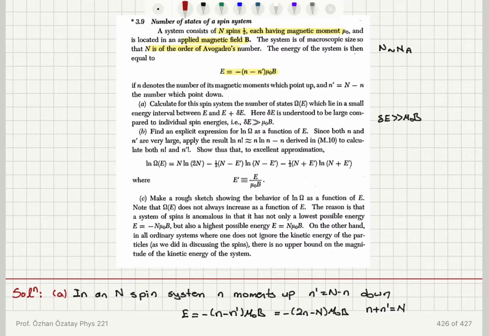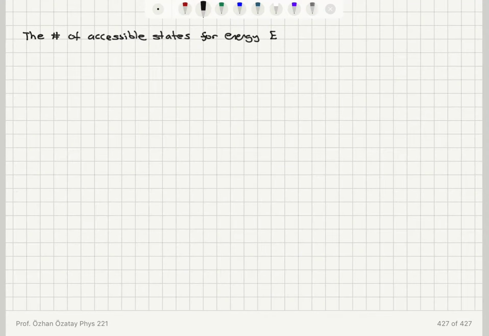So one E value is corresponding to one n value. That is equivalently saying having n moments up would be given by combinations of capital N objects taken n at a time. So this would be equal to capital N factorial divided by n factorial times (capital N minus n) factorial.